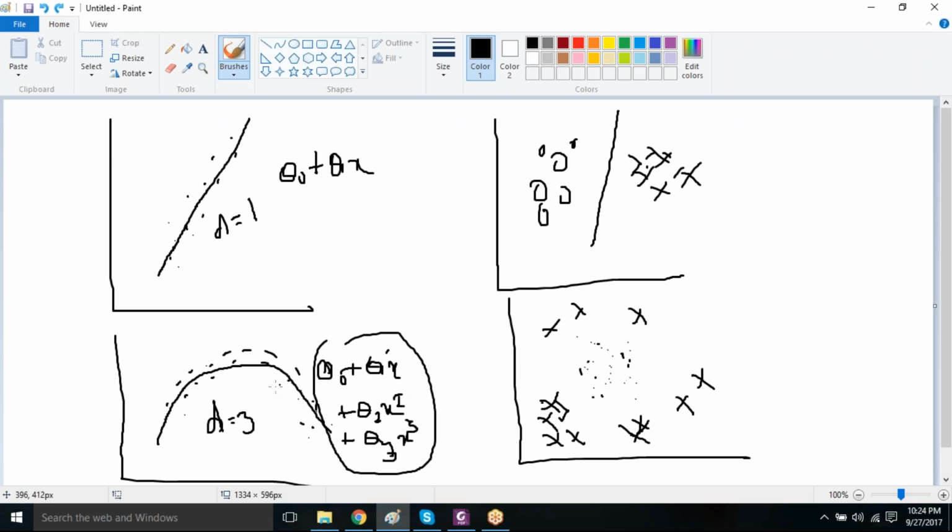No. Using this polynomial curve function, you can make a boundary like this. So inside the boundary, this is class A, and outside the boundary, this is class B. This also you can do with logistic regression.